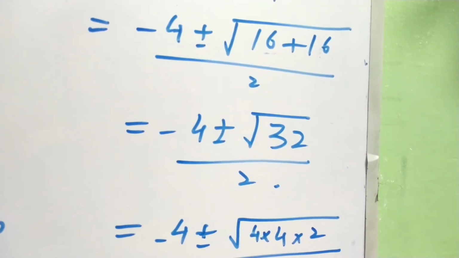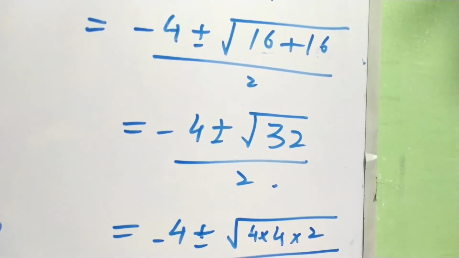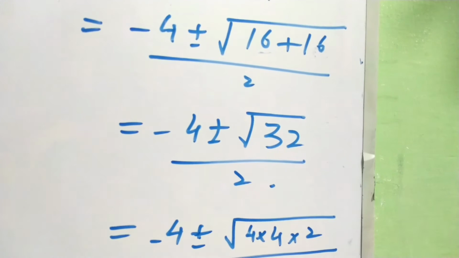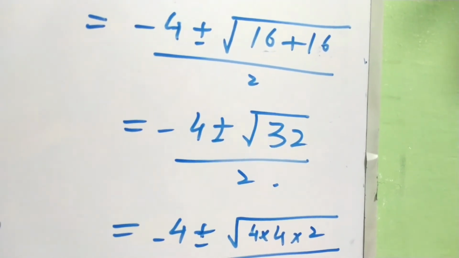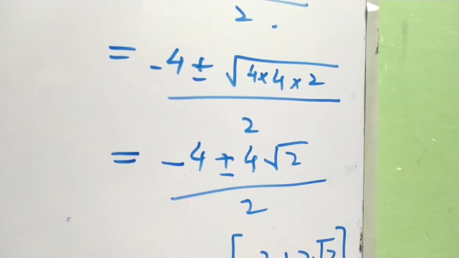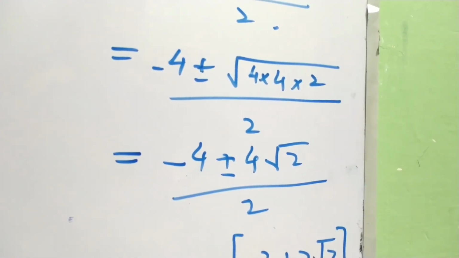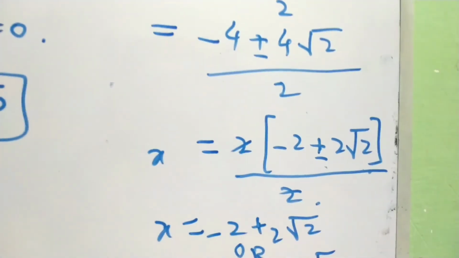And we can factor it. 16 twos are 32, and 16 is equal to 4 into 4. We have a couple in the root sign, so we will take out 4 as a single, and root 2 will be in the root sign. So minus 4 plus minus 4 root 2 divided by 2, and then what will happen? 2 will cancel out.